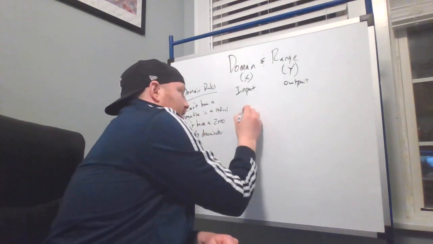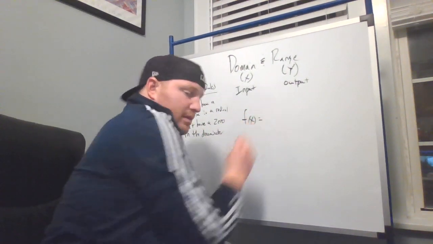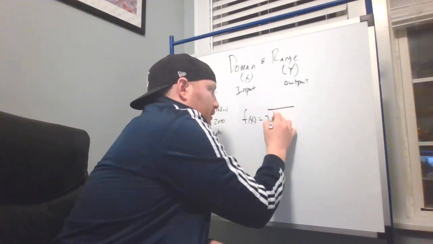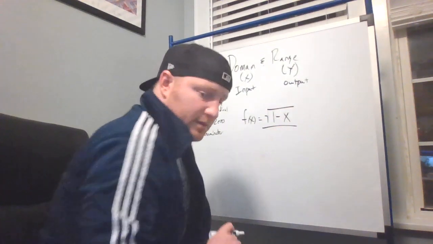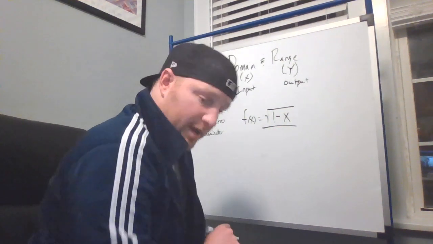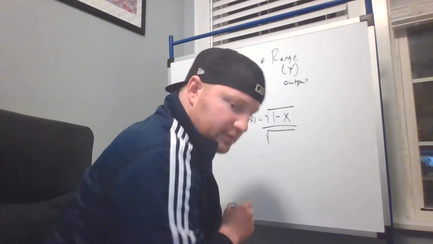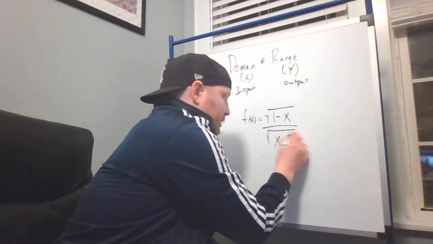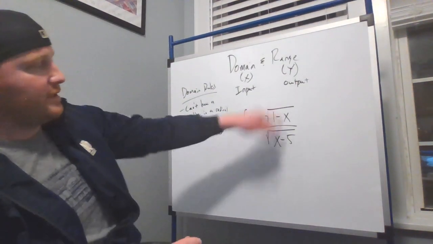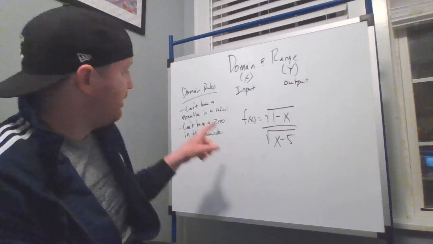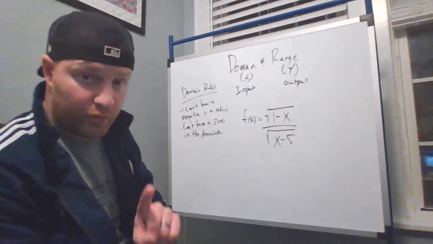All right, now, sometimes I'm going to have rules to follow in both my numerator and my denominator. 1 minus x all over square root of x minus 5. So let's focus case by case, okay? In my numerator, my radical follows one rule only.